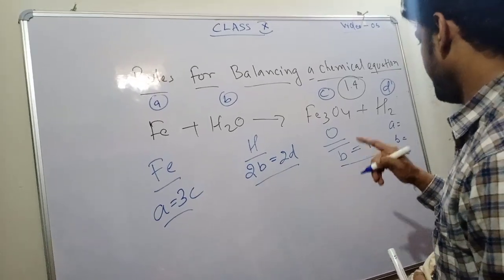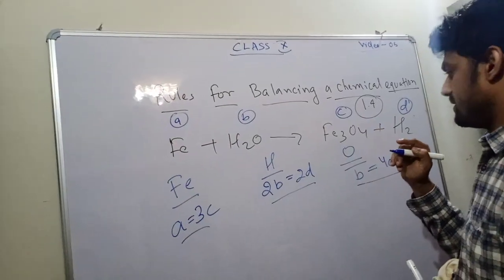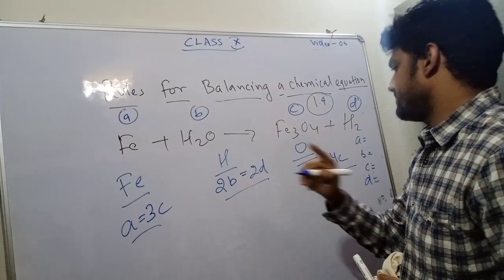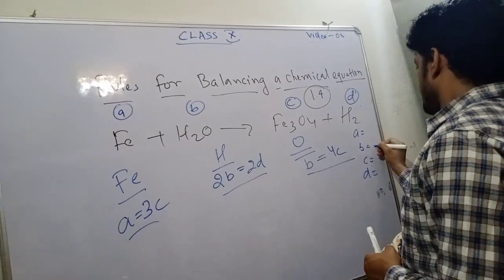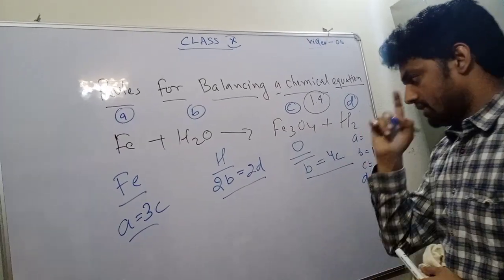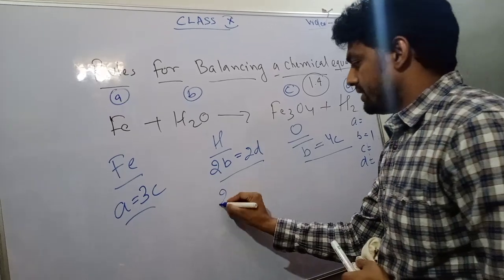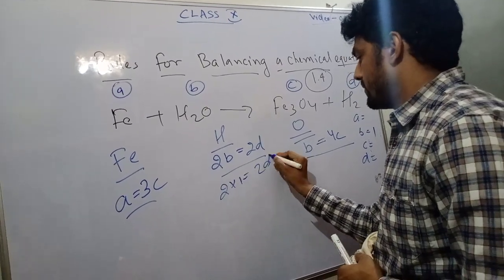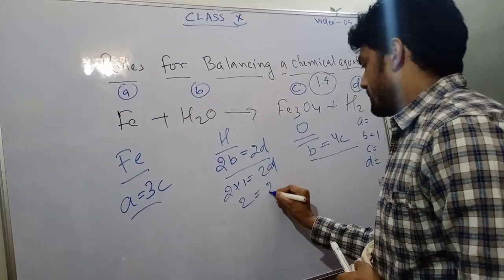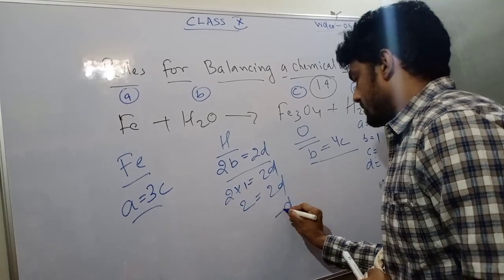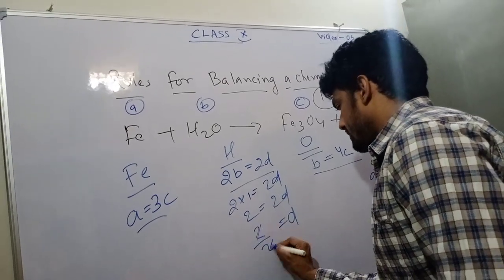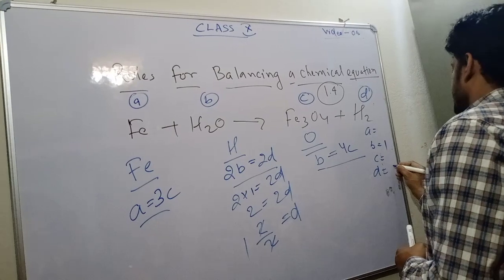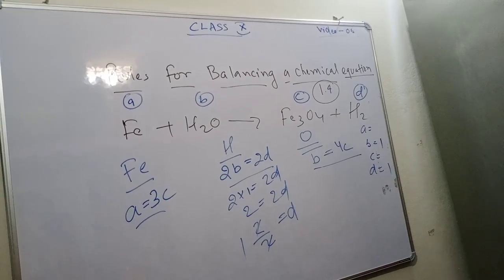Just take B. B को ले लेते हैं. Let B be equal to 1. Then B is equal to 2D, so 1 is equal to 2D. D is equal to 1 by 2. D भी क्या हो गया?